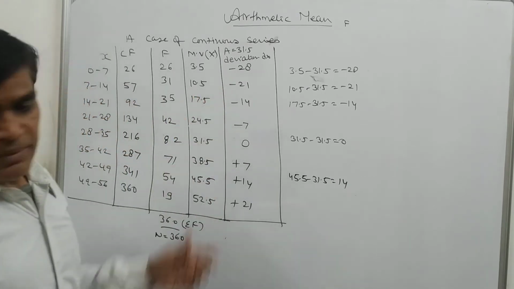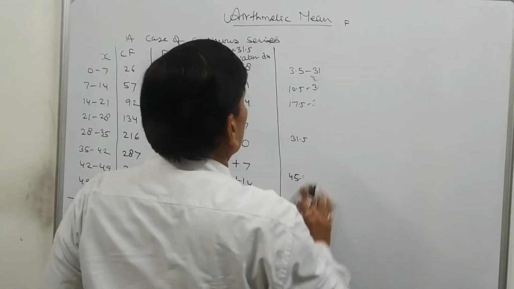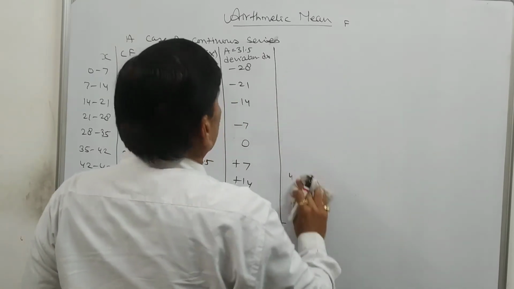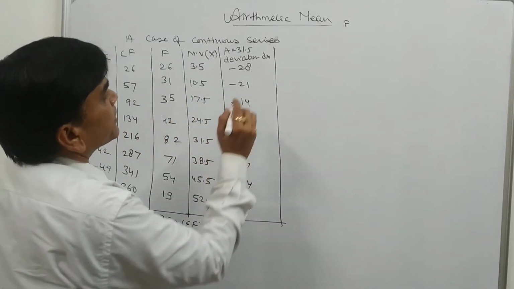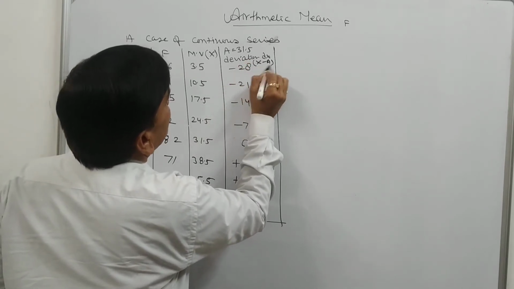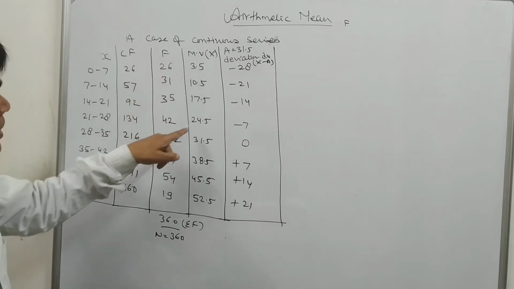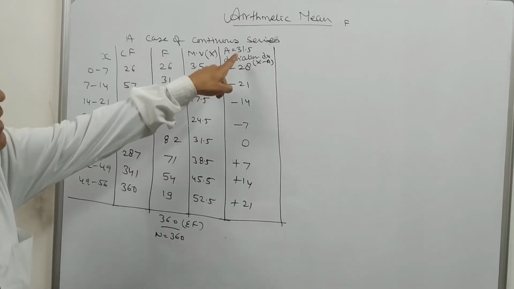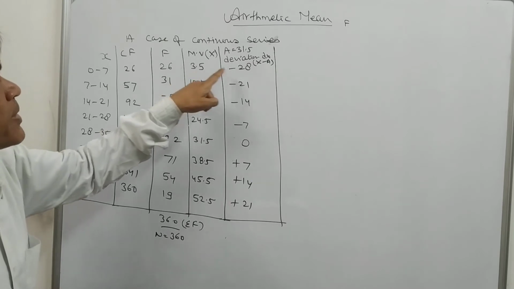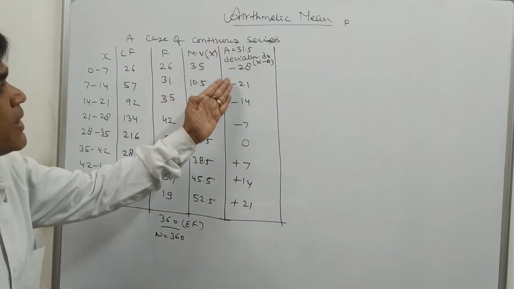So the very first thing we will do is calculate the deviation. For calculating the deviation, the formula is dx is equal to x minus a. So we deducted 31.5, that is our assumed mean, from each of our items and get the value of dx here.